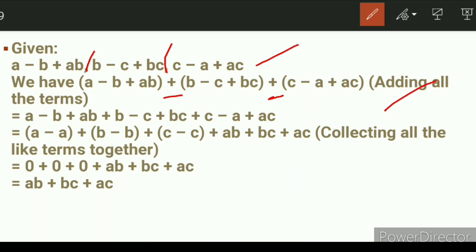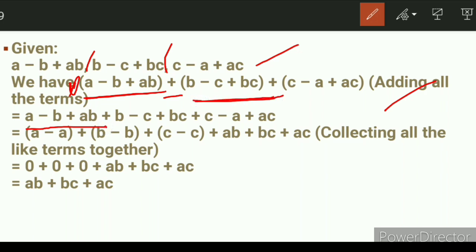Next, removing the bracket. If a sign or any number is given outside the bracket, we should multiply by that and remove the bracket. Here, the first expression has no sign in front, so there is no change to this expression.